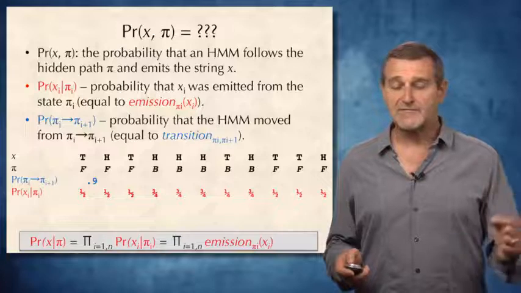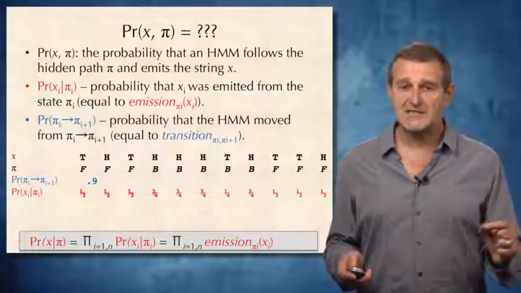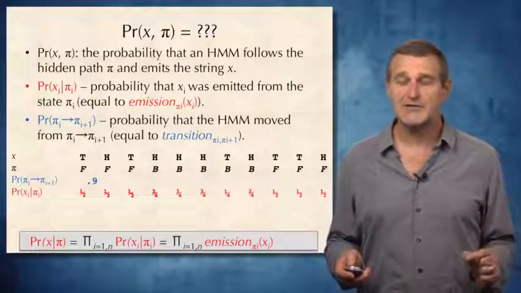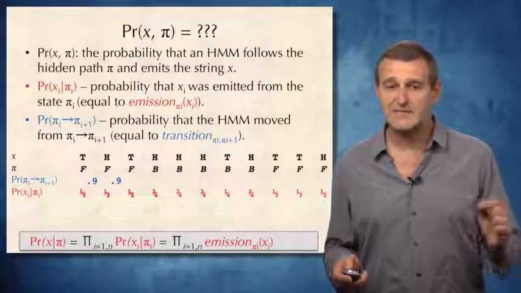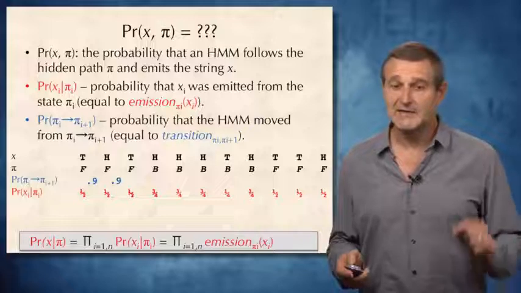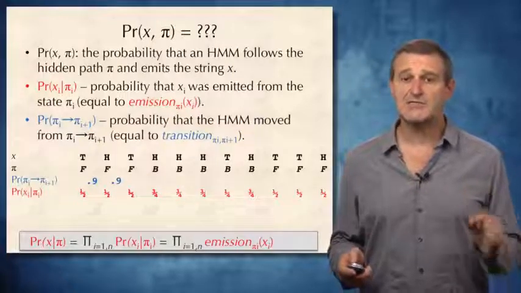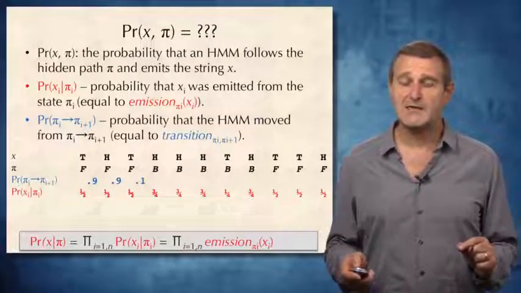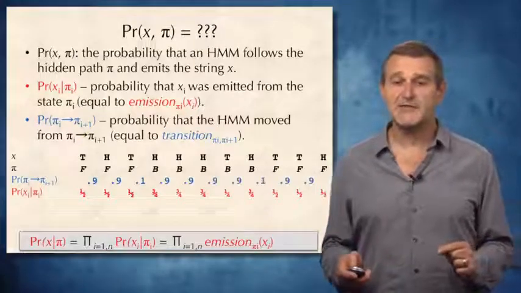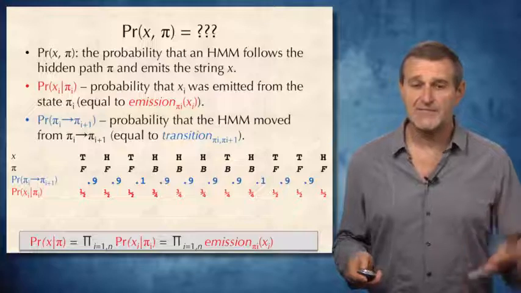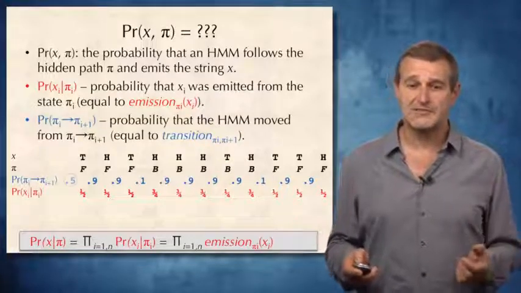Well, at the first step, we transition from the fair state to the fair state with probability 0.9. At the next step, again from the fair state to the fair state, again 0.9. But at the next step, we transition from the fair state to the biased state, which has probability 0.1. We'll continue this way, and in this way, we will compute all these values.